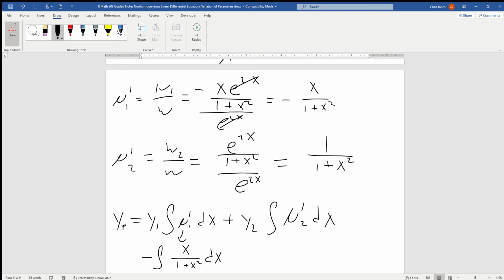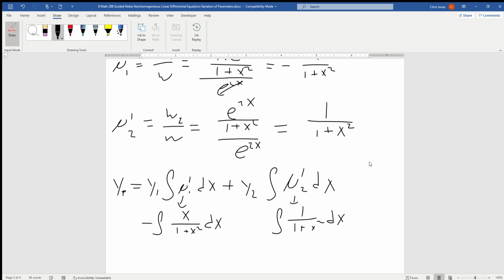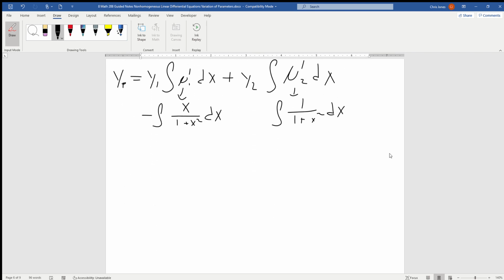And over here, the integral of 1/(1 + x^2) dx. The good news is the second one is just a basic antiderivative, so no tricks on this one. This, remember, is just our arctangent. All right, so that's good. So we're going to hold on to that.